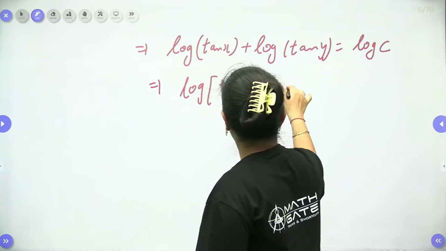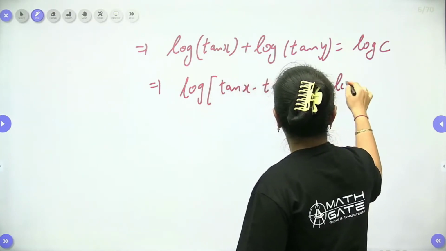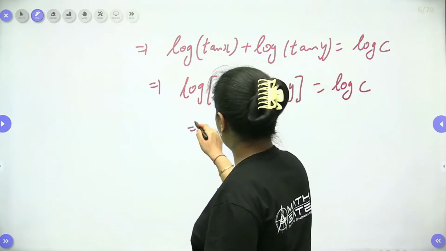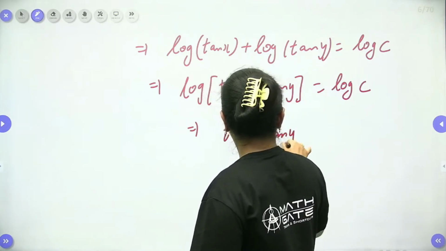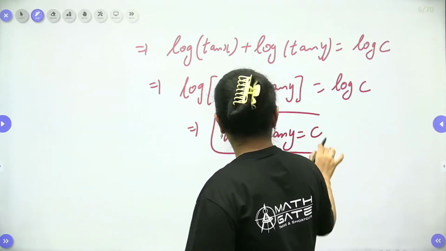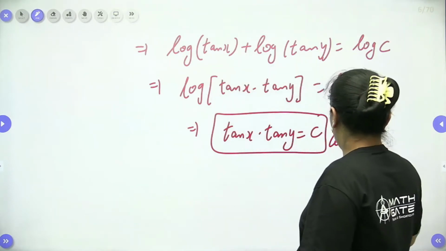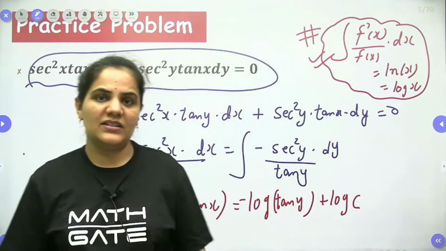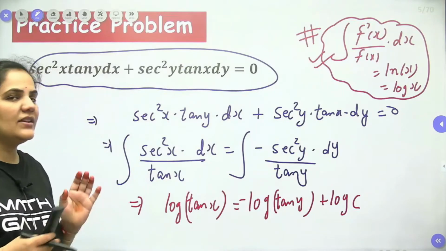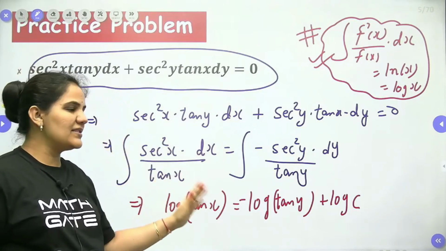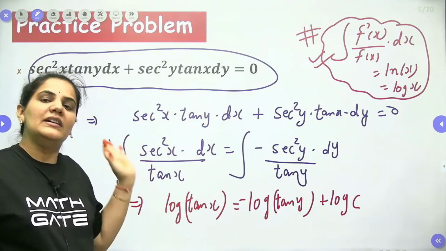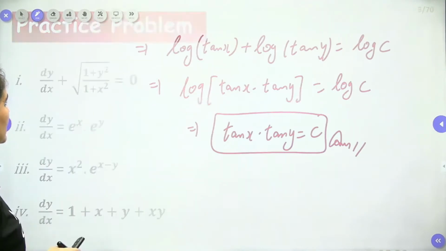So tan x into tan y is equal to log of c, and log will be cancelled out, hence your final answer will be tan x into tan y is equal to c, my dear students. So I think it's clear to everyone. It's a simple thing to approach. We can go with the variable separation method. You have to separate the variables, then integrate. The question is done.